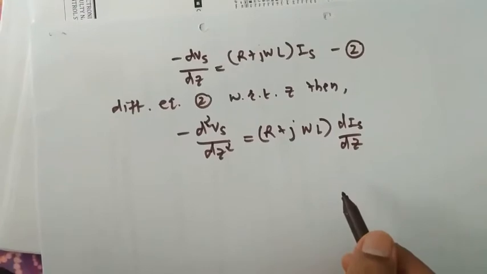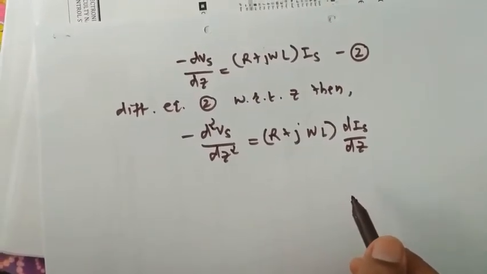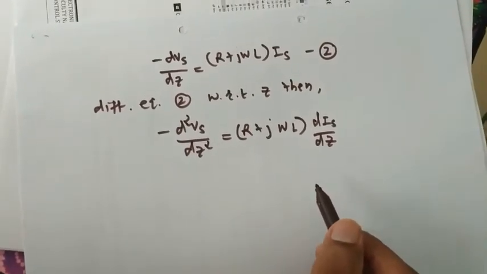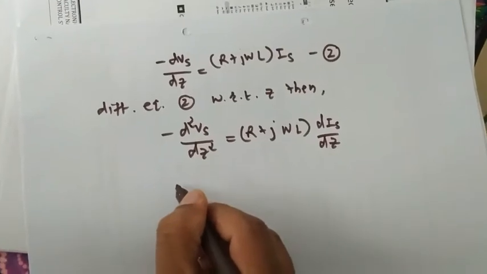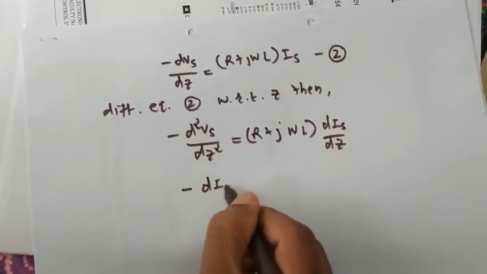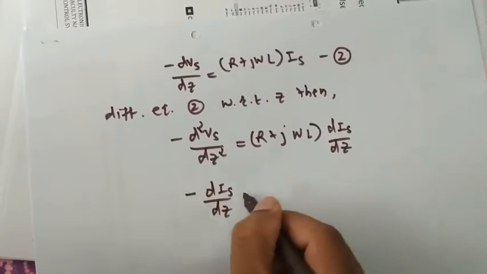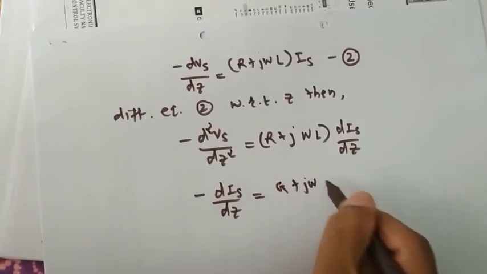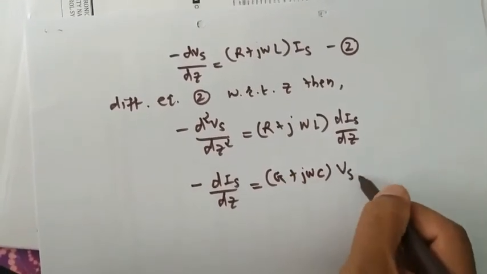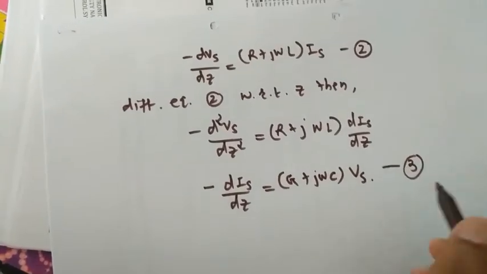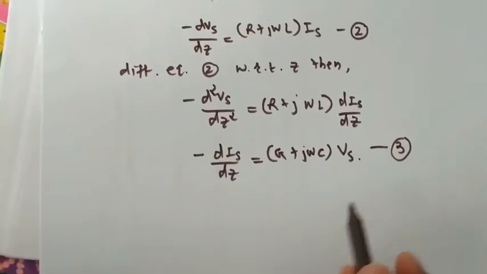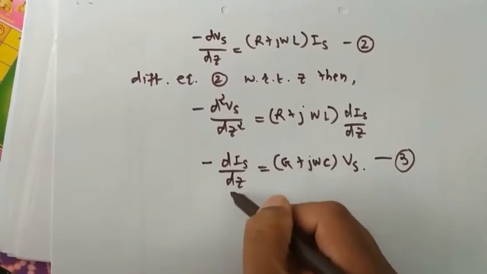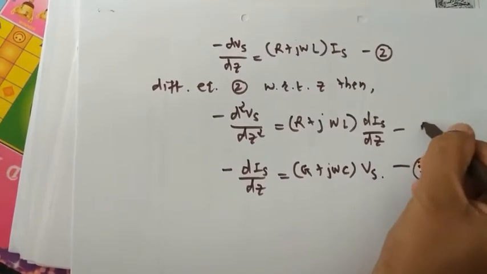So I will use the equation 3. Earlier equation 3 was dIs over dz equal to (G plus j omega C) Vs. This is equation 3. So now let me put this value of dIs over dz into equation number 4.